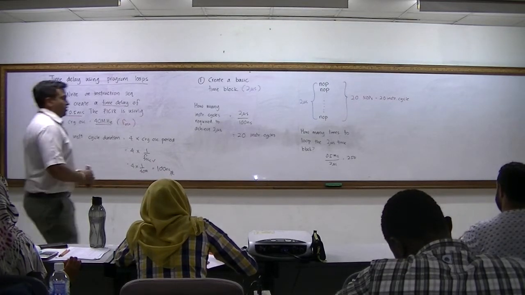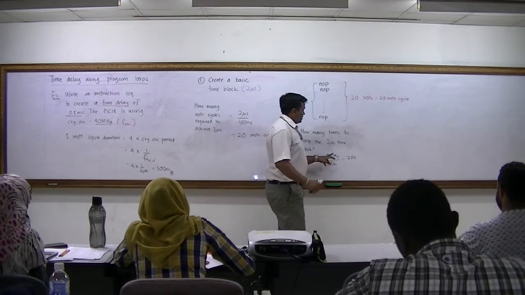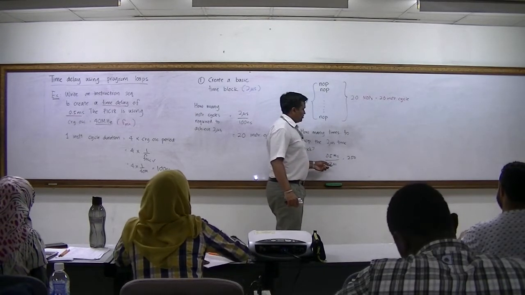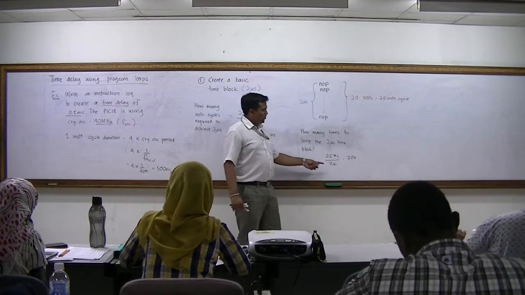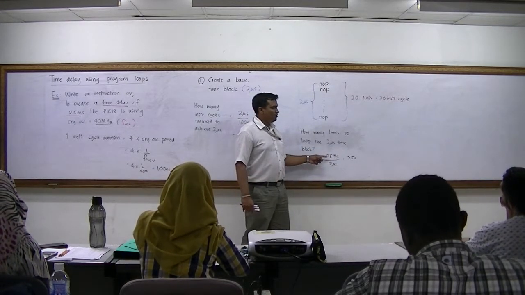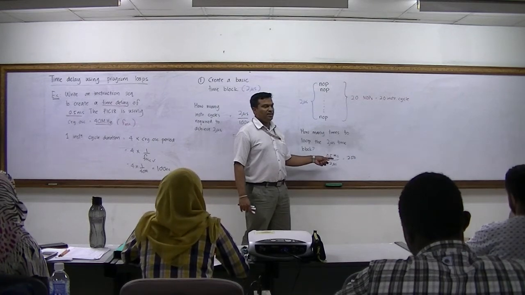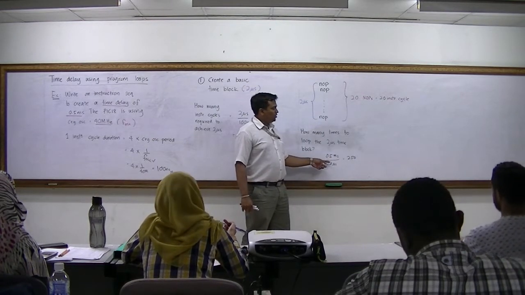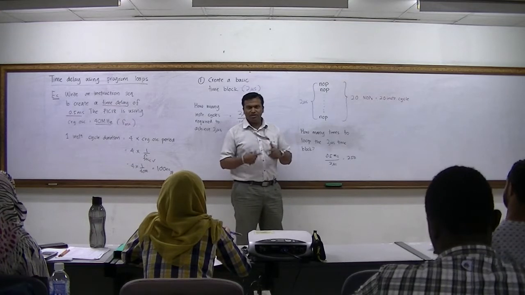Okay, you all managed to get this? So this is your basic time block. If you repeat this basic time block 250 times, you will achieve 0.5 millisecond. So in order for you to do this, you need to loop it 250 times, right?